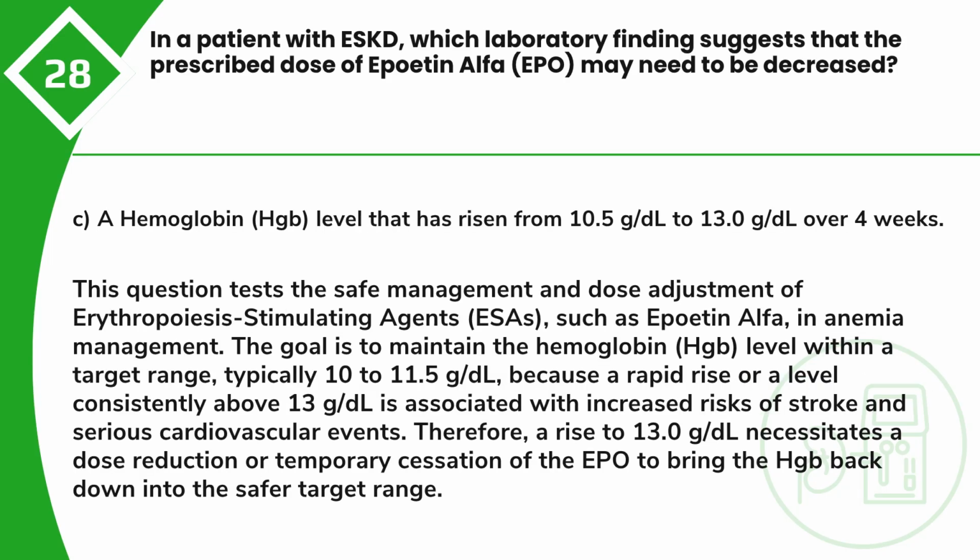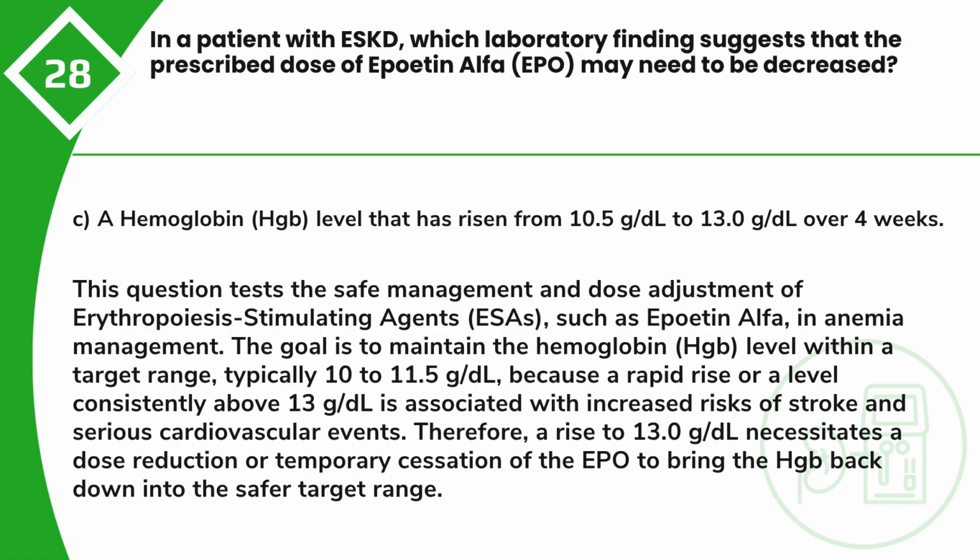Answer: C. A hemoglobin level that has risen from 10.5 g/dL to 13.0 g/dL over 4 weeks. This question tests the safe management and dose adjustment of erythropoiesis-stimulating agents, ESAs, such as epoetin alpha, in anemia management.